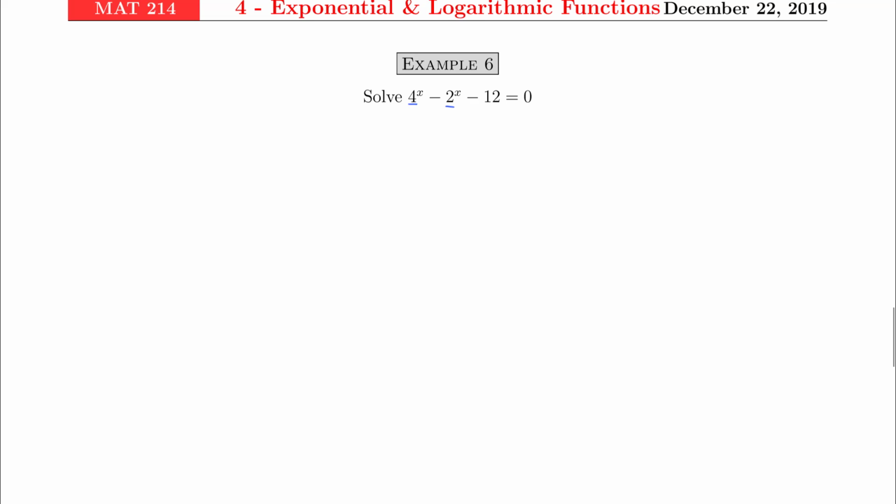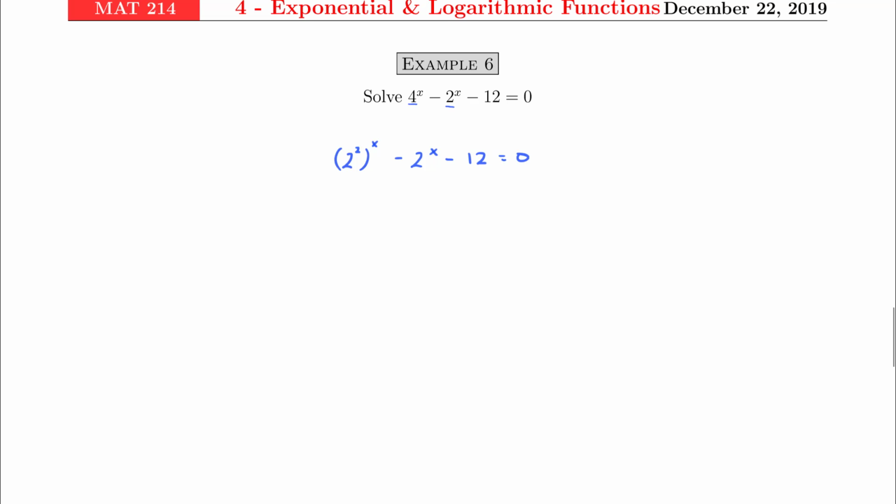And what we can write out is that 4 can become 2 squared, to the x power, and that's going to be minus 2 to the x minus 12 equals 0.